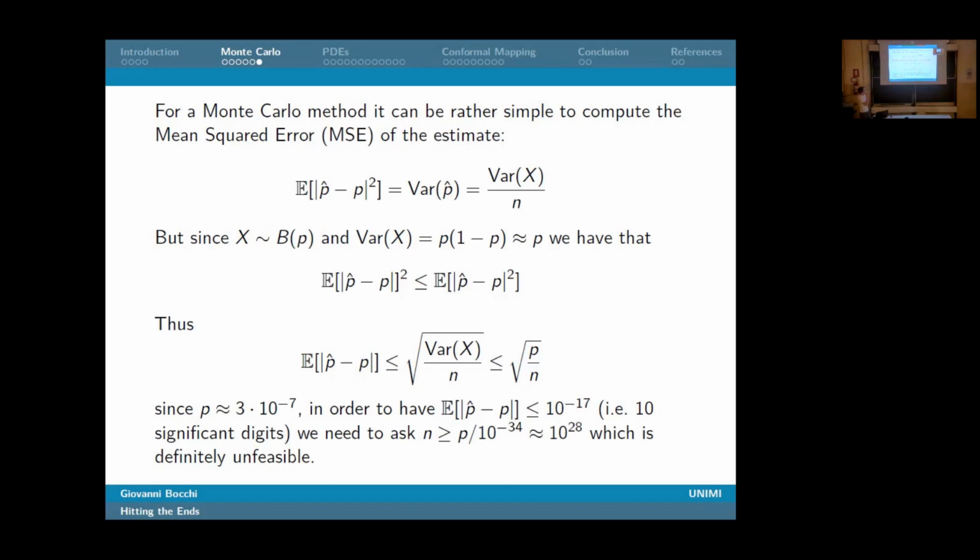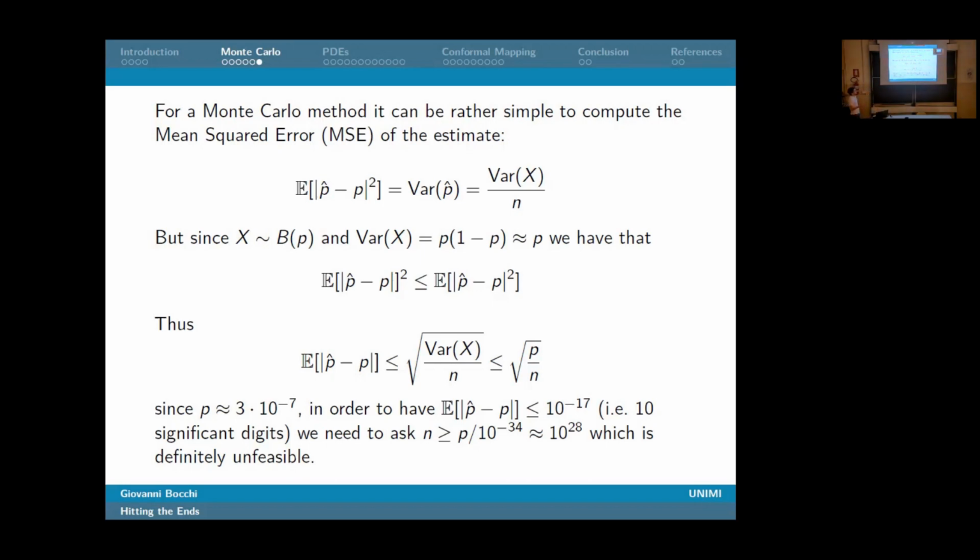And we can use this information to argue that since p is of order of magnitude at least 10 to the minus 7, in order to bound this quantity by 10 to the minus 17, so to have almost 10 significant digits, we need, by reverting the inequality, n larger than 10 to the 28, which is actually something unfeasible for every modern calculator.